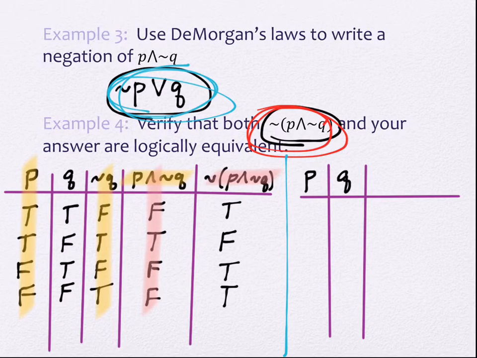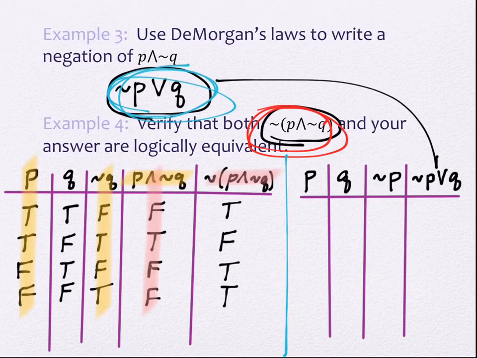What else do I need for my statement itself? Not P. Yep. That's all I need, individual statements, right? And then I need the combination of all of it, which was what? Not P or Q.